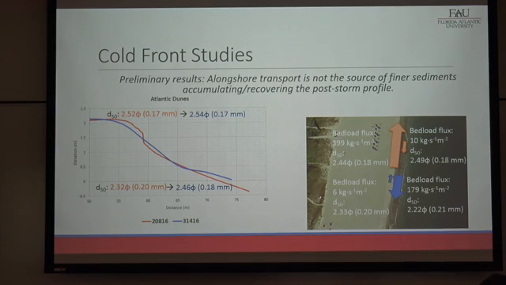And so preliminary data is suggesting that what's moving along shore may actually either be consistent with the in-situ grain size or coarser. So this all feeds back into, well, maybe the stuff that's moving on shore is actually finer. Maybe the bed load, so again, this is bed load flux from the streamer trap, same deal we did in Sea-Sal, we did here. And the sediments are a little bit coarser.